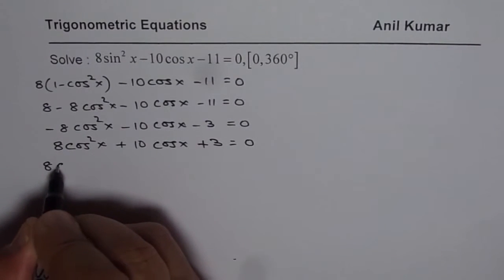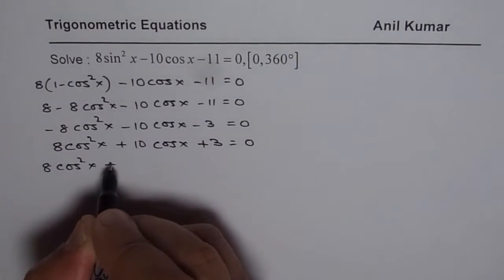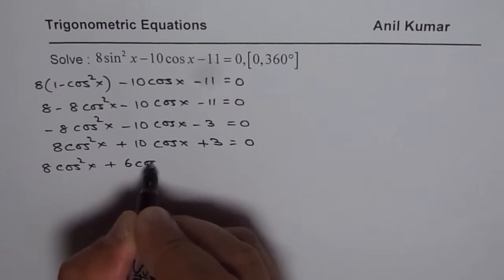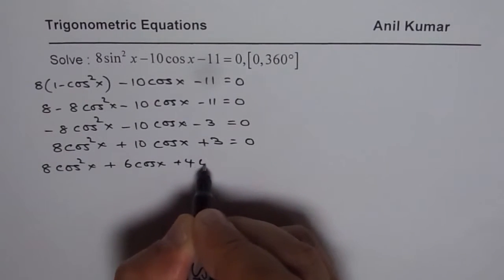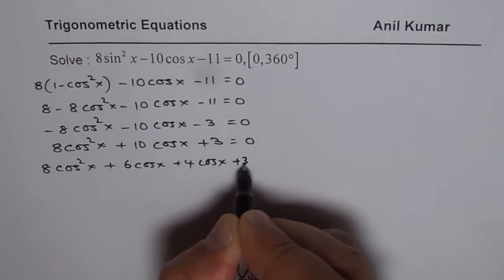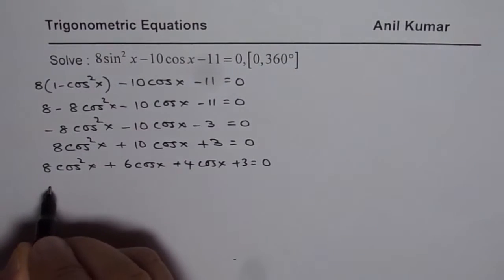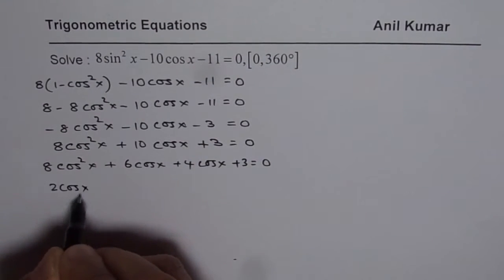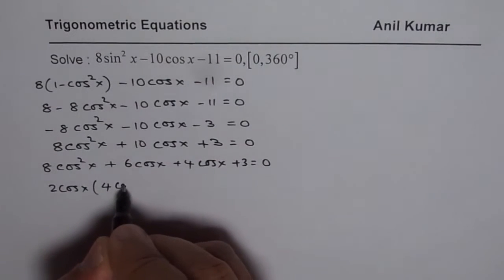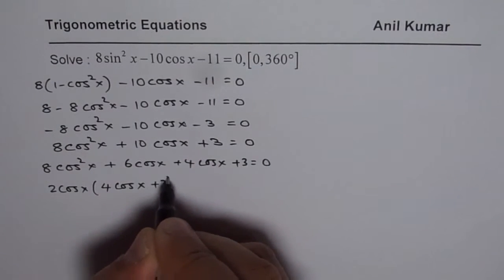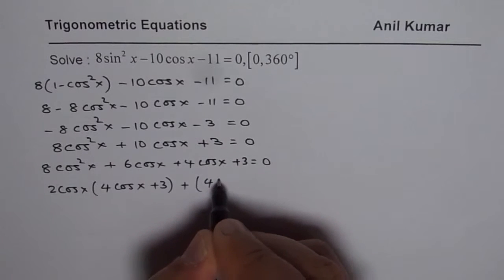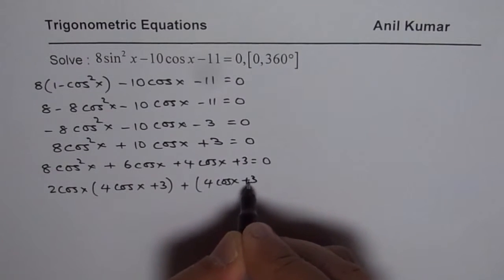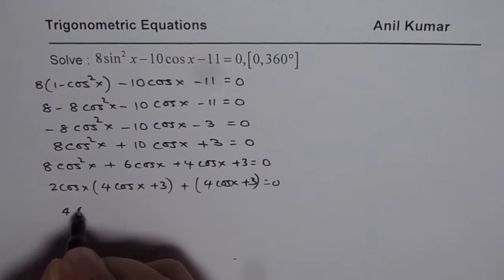So we have 8 cos square x plus 6 cos x plus 4 cos x plus 3 equals 0. Combine these two. 2 cos x is common. So we get 4 cos x plus 3, plus we already have 4 cos x plus 3 here. 4 cos x plus 3 is common.